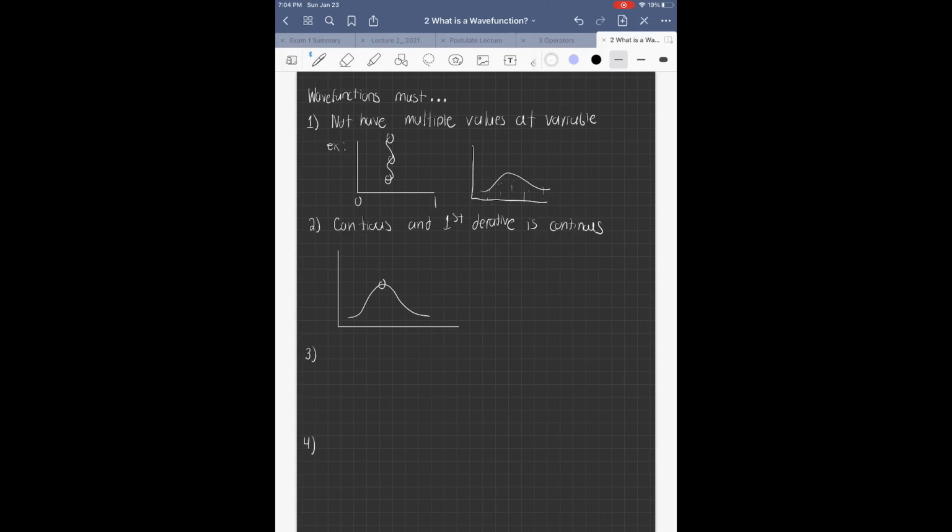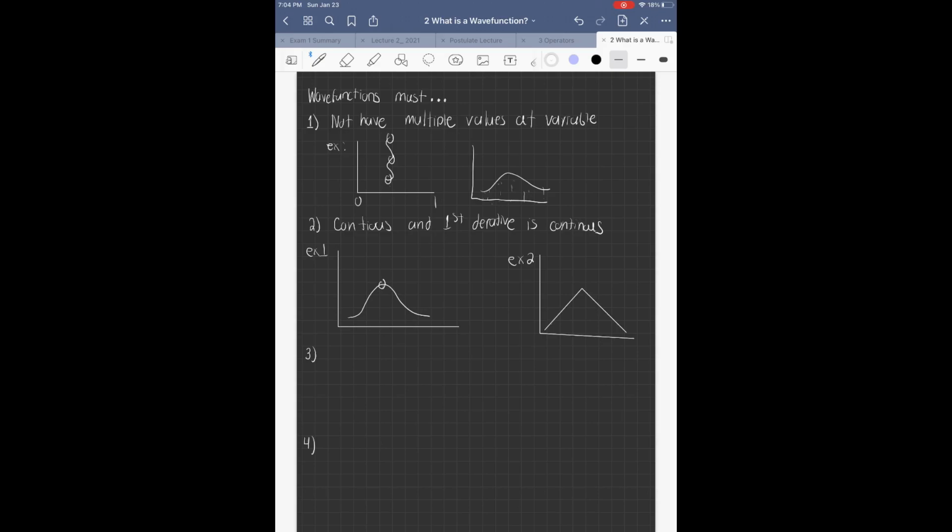This would not be a valid wave function because there must be a value here. Let's say we graph the derivative of it, as another example.